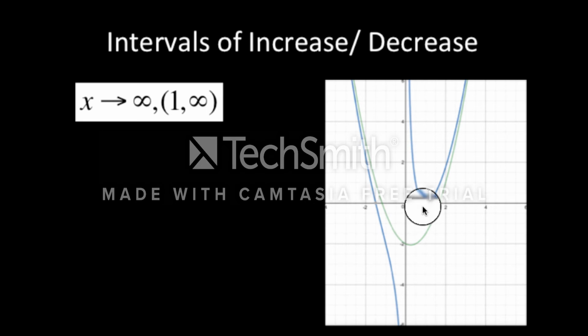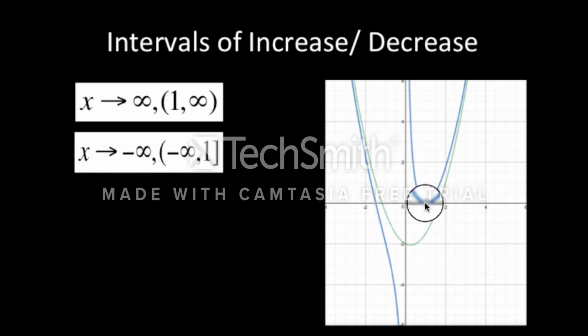So at this point right here, that's when the graph starts to increase. But before then, in this area right here, the graph is still decreasing, thus giving us these two equations. X approaches infinity between 1 and infinity, and x approaches negative infinity between negative infinity and 1.